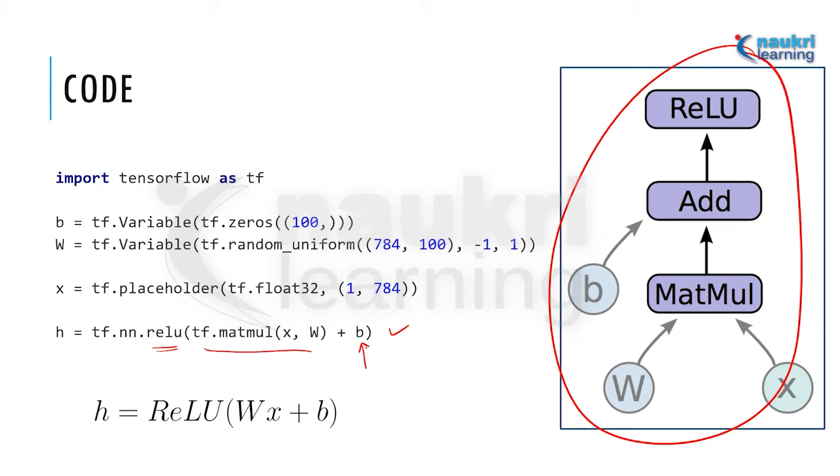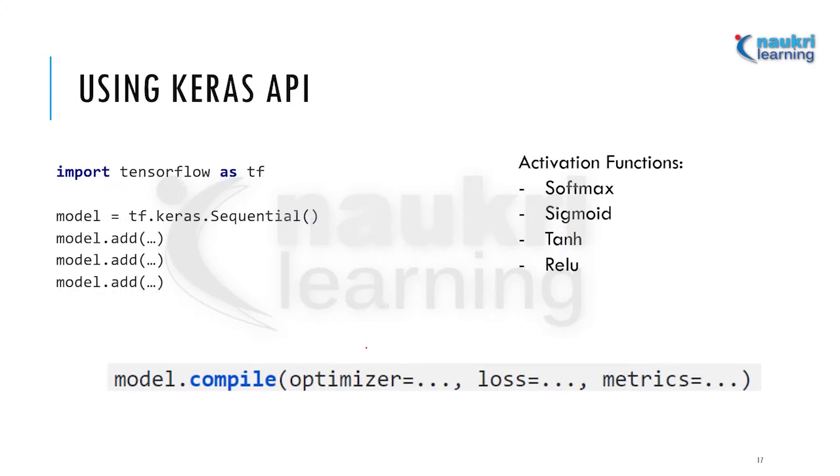Now let me show you how we actually write something when using this Keras API. This is a demonstration of how we create a model with the Keras API, and throughout our learning journey in this video we'll make use of the Keras API because that's one of the best ways to learn TensorFlow.